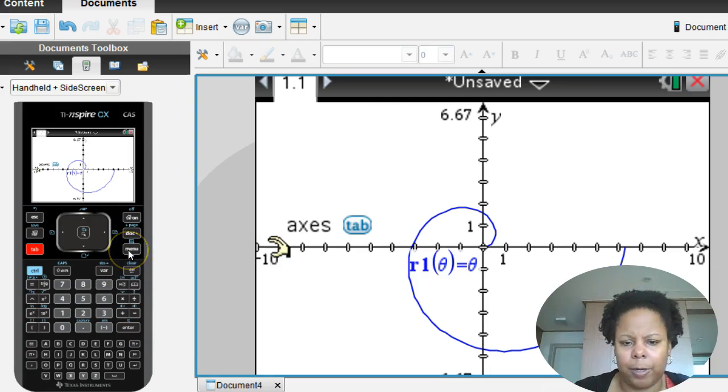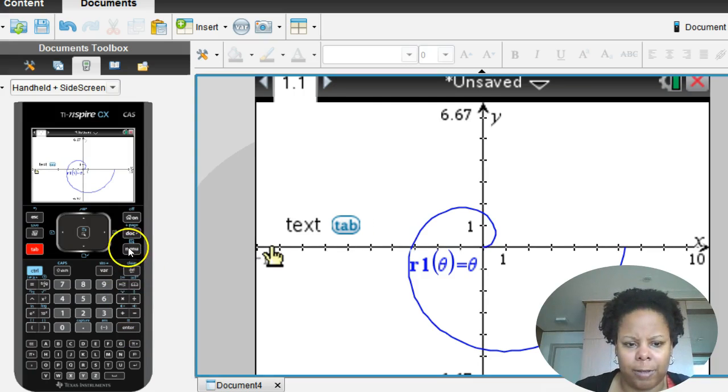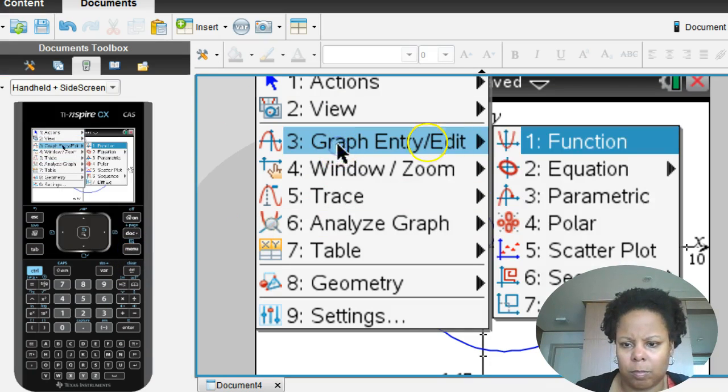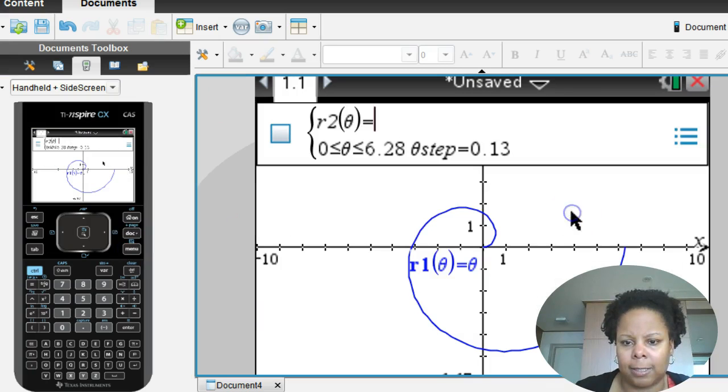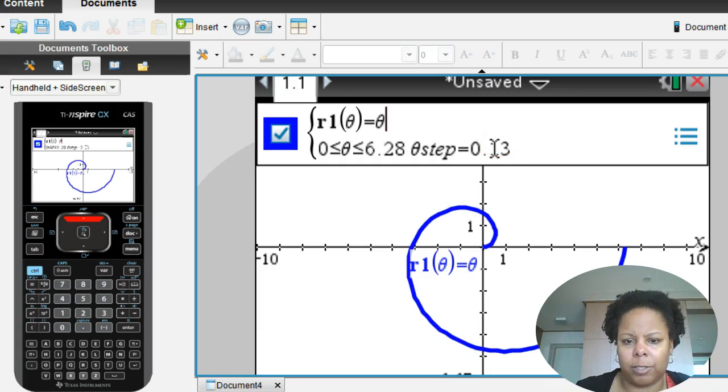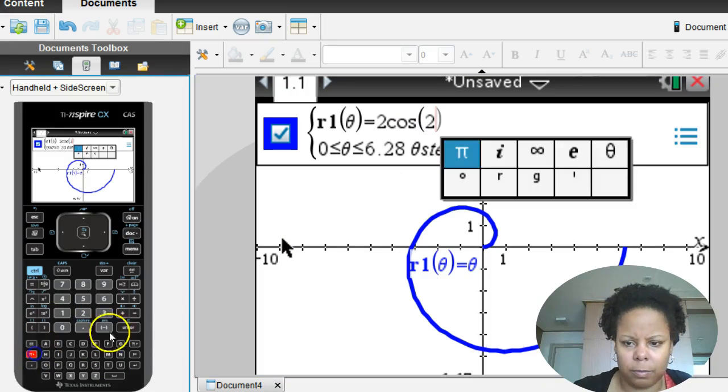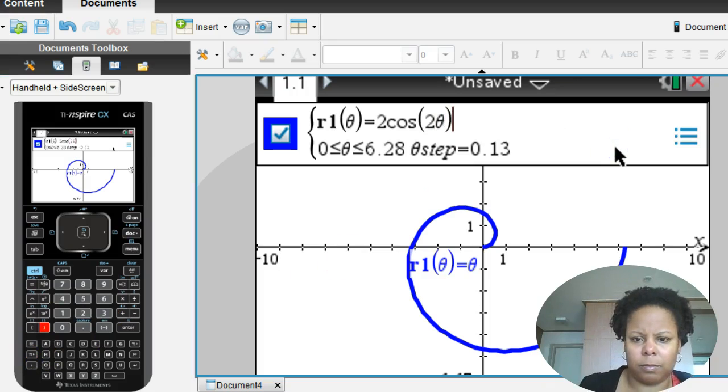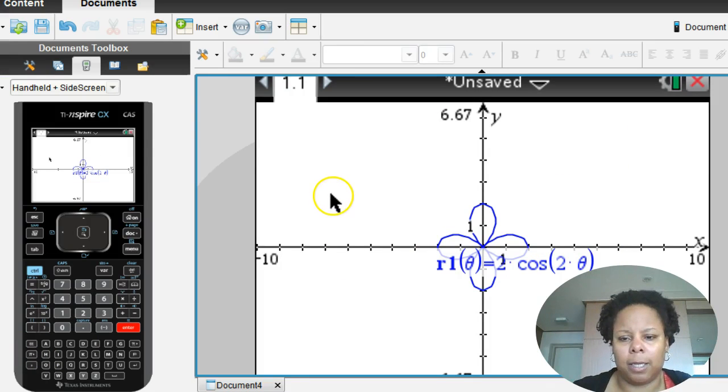Let me go back up here and do my graph entry. I'm going to do 2 times cosine of 2 theta. And we get a rose with 4 petals.